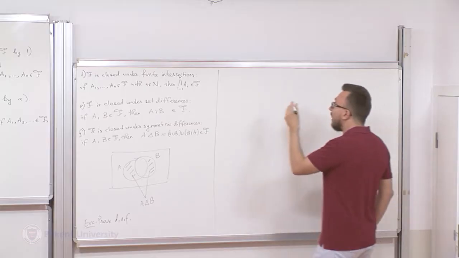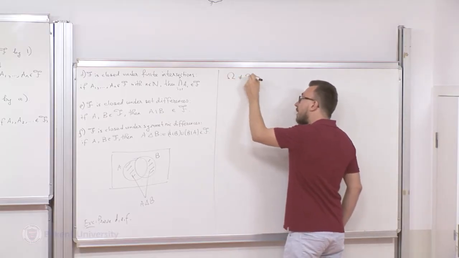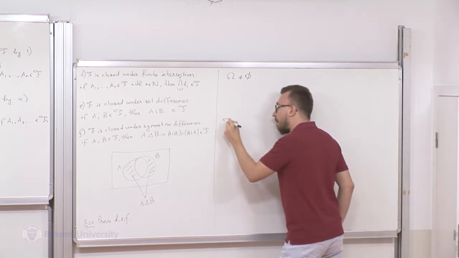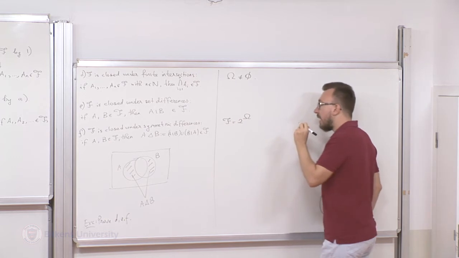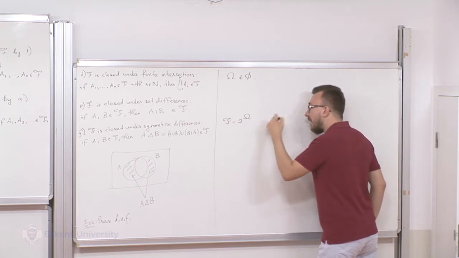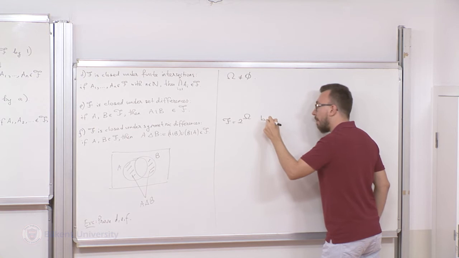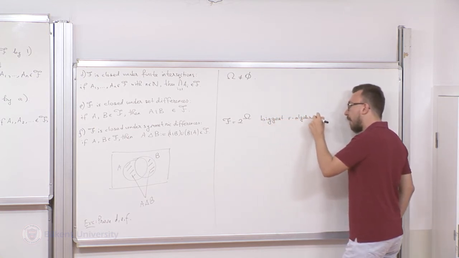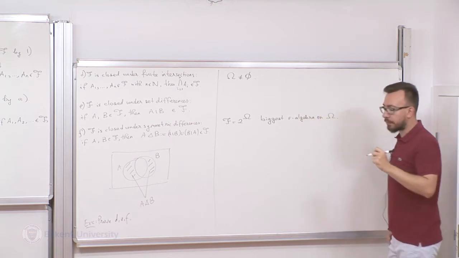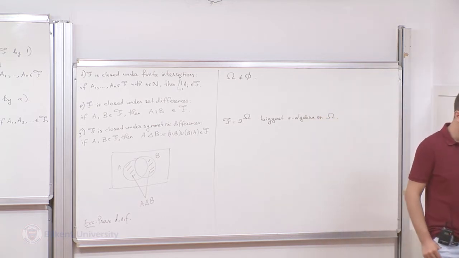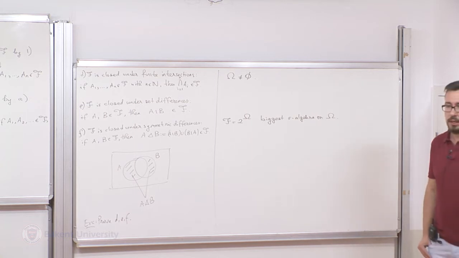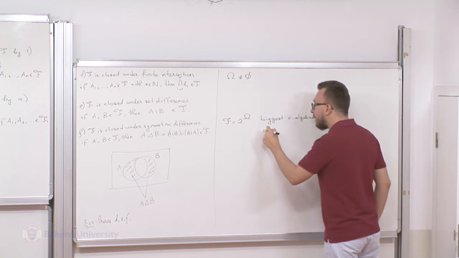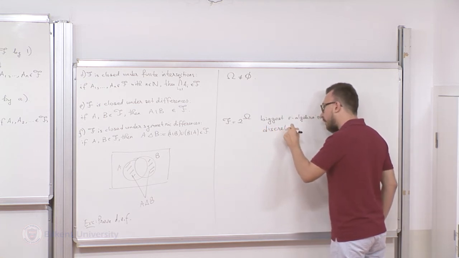Therefore, if you have just a non-empty set omega, you know that the power set is the largest, the biggest sigma algebra on omega. Every sigma algebra is a sub-sigma algebra of the power set, in other words. And it's called the discrete sigma algebra.